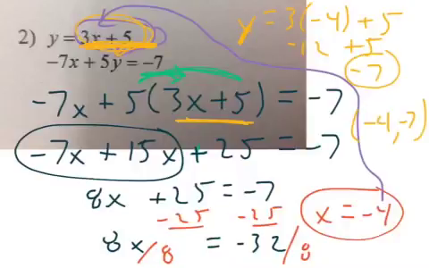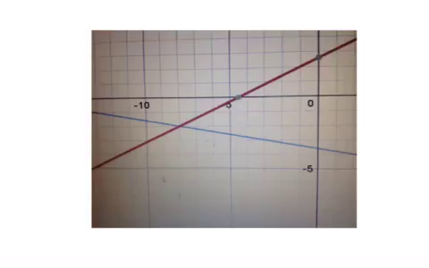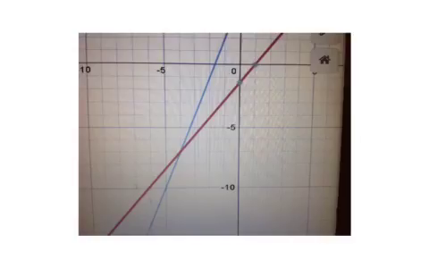And the one thing I want to emphasize is, well, is that the right answer? Well, let's look at the graph. Notice that right there is where the two intersect, right? And if we look carefully and look up this way, notice that's negative 1, negative 2, negative 3, negative 4.